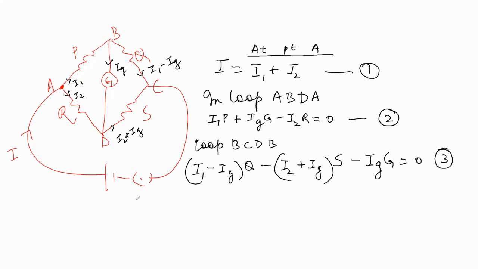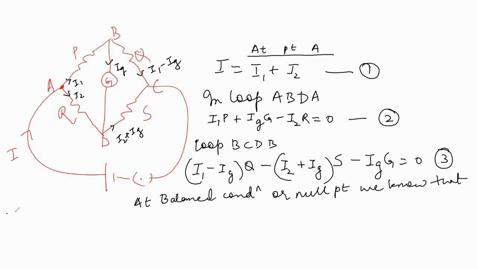Now at null point, or balanced condition, which is also known as null point, we know that IG is equal to 0.